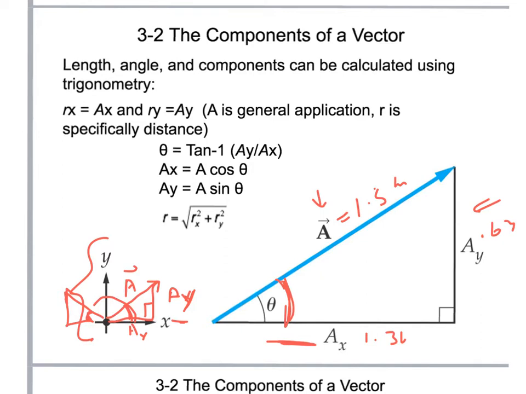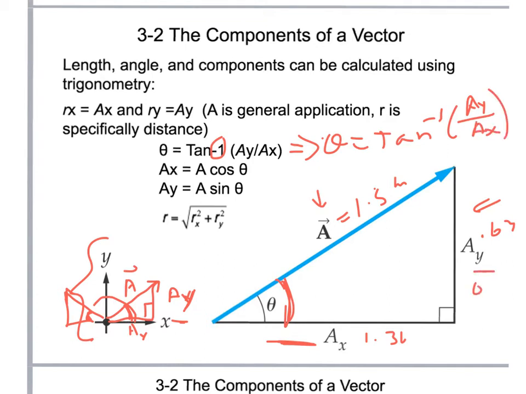To calculate those, our theta value is always the inverse tangent, and that didn't come out right on our slides. So theta is the inverse tangent, written as a superscript -1, of A sub Y, opposite, over adjacent.